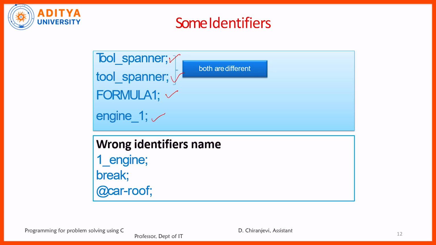And some wrong identifiers: this identifier name starts with a number, so it is wrong. In the same manner, break is a keyword, so this is also a wrong identifier. The third one, at the rate, starts with a special symbol, so this is also wrong. In this manner, you can use the rules of identifiers to tell which is correct and which is wrong.